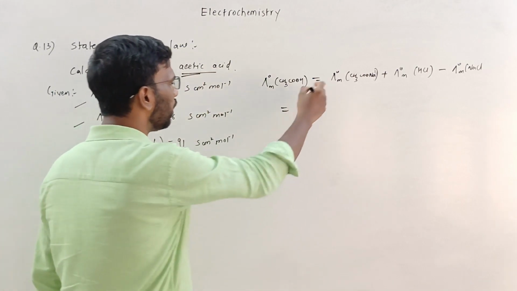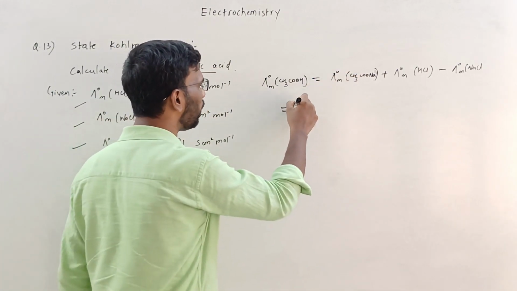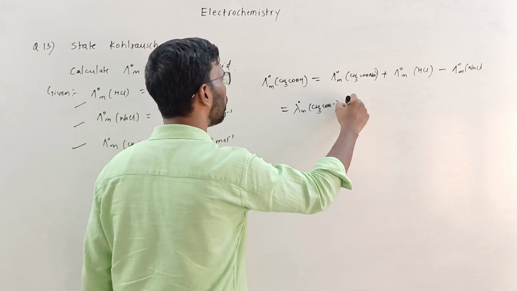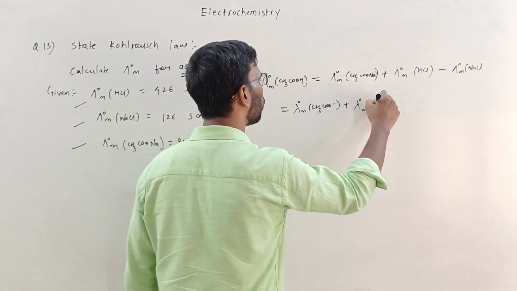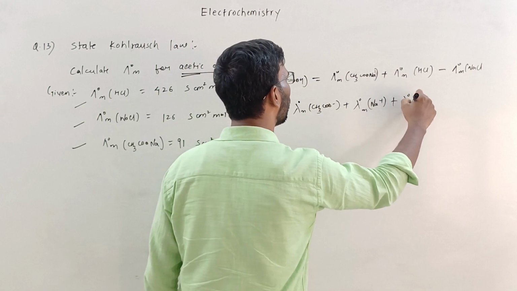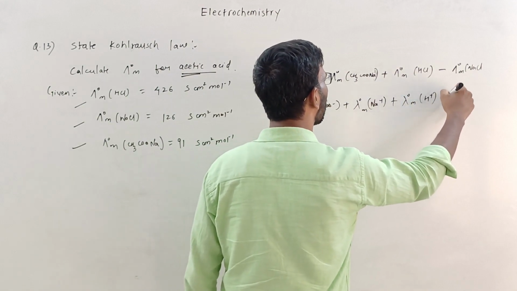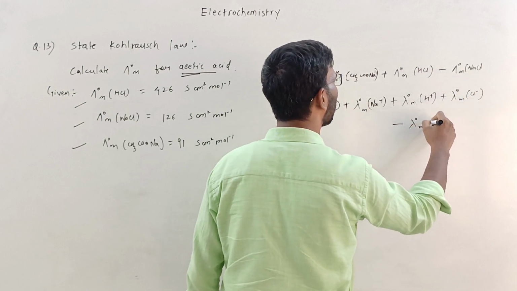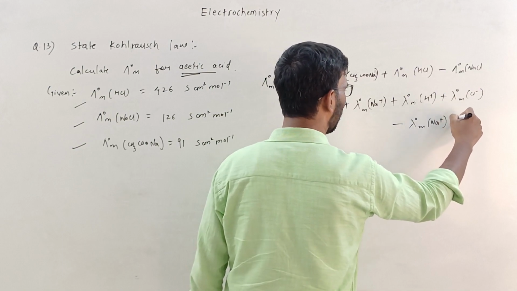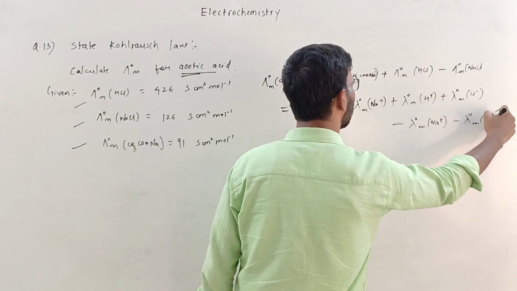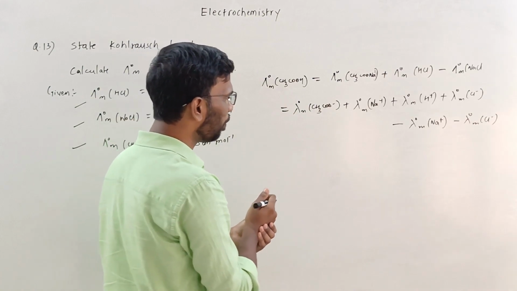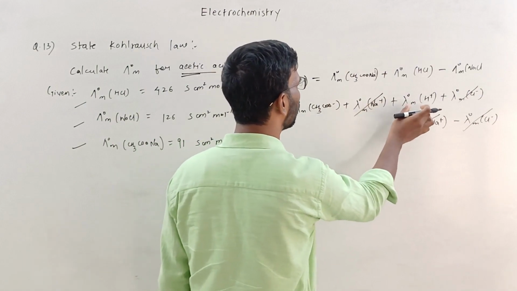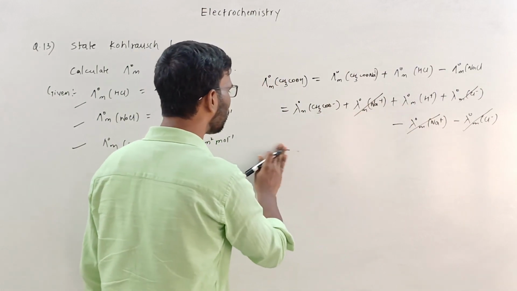As per Kohlrausch's law, this could be written as lambda naught m of CH3COO minus, plus lambda naught m of Na plus, plus lambda naught m of H plus, plus lambda naught m of Cl minus, minus lambda naught m of Na plus, minus lambda naught m of Cl minus. So I have split this up; this and this get cancelled, and this and this get cancelled. What is remaining? CH3COOH.